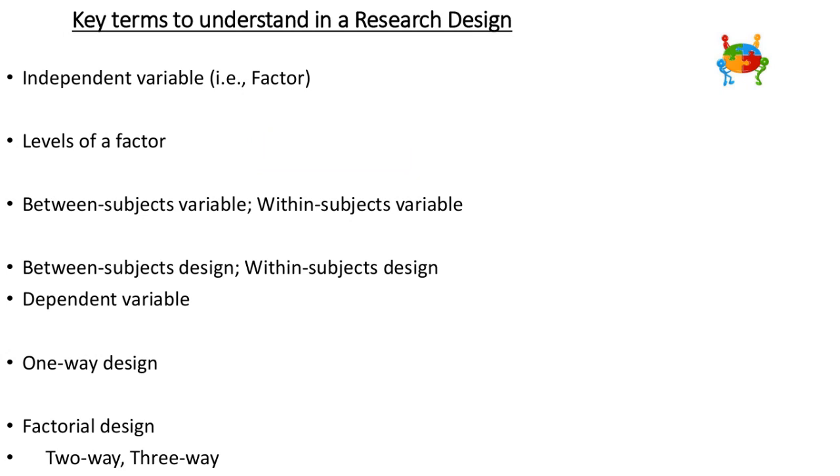And between subjects variable, what does that mean? That means I'm randomly assigning participants either to the picture condition, to study pictures, or to another group which only hears sounds. That would be a between subjects variable.